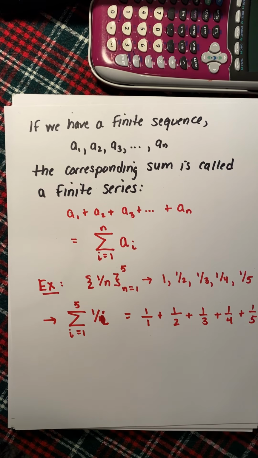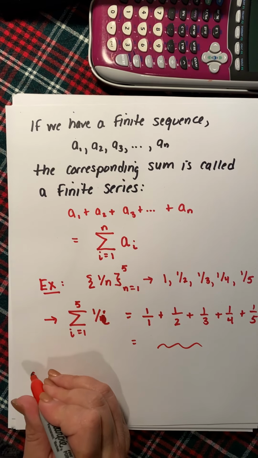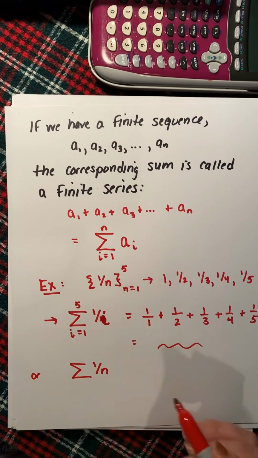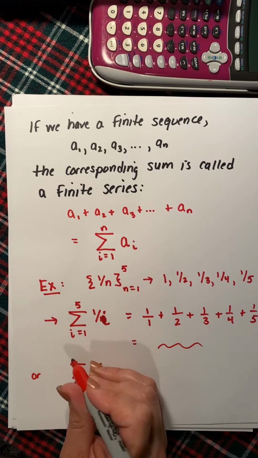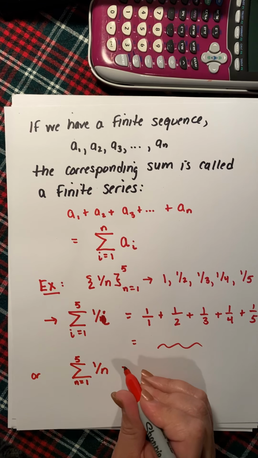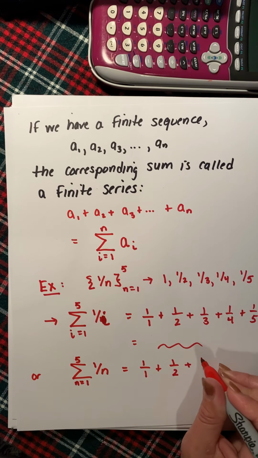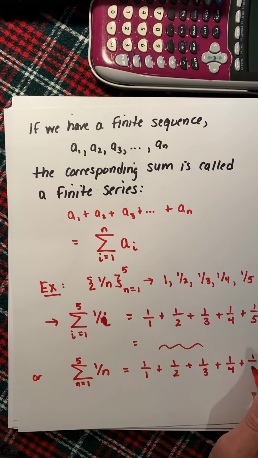And we could add that up, and that has a sum. Or we could use this notation, 1 over n, because we know the specific value we're starting with. We're going to start at 1 and end at 5. We get the same result. So don't let the swap between n's and i's change things.